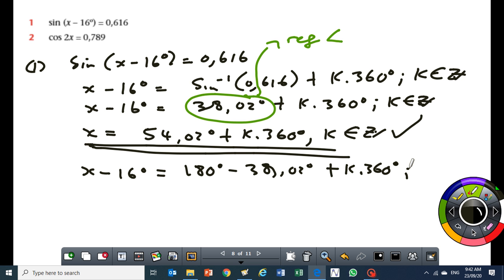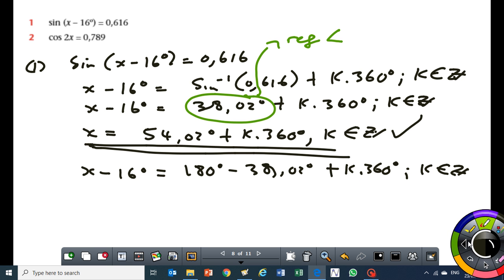Your textbook uses n where there is k. Your textbook uses n. I don't like n. It's fine. So this becomes x minus 16 degrees.